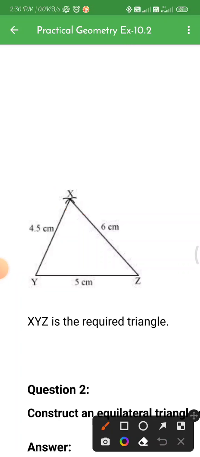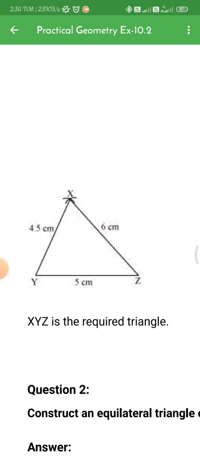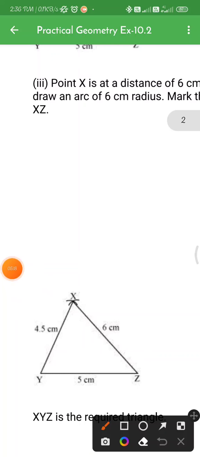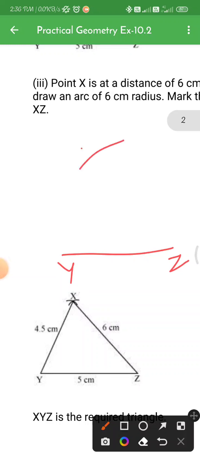Roughly we can see here a figure with XY, YZ, and an arc here as X, which we have done.